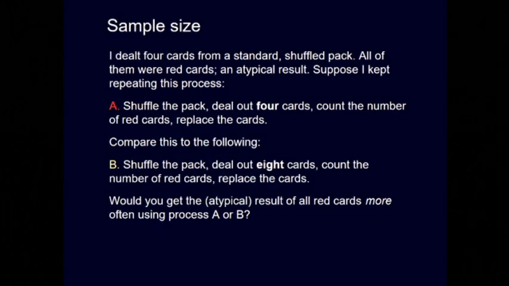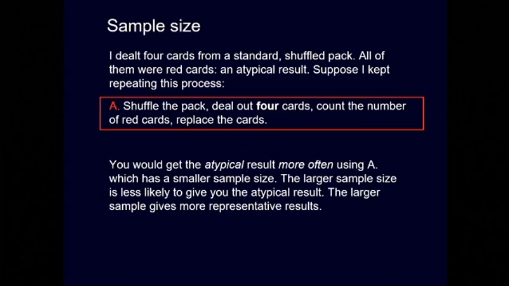A is the right answer. You're going to get the atypical result more often with the smaller sample size. It's much more likely you could get 4 red cards than 8 red cards, given that there are 50-50 in the pack.